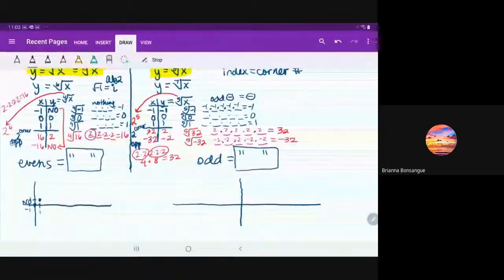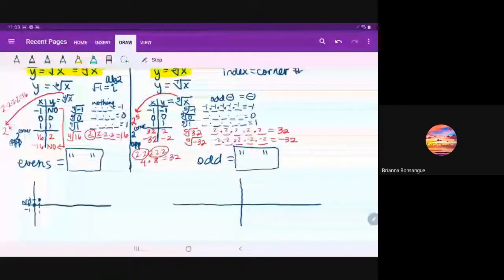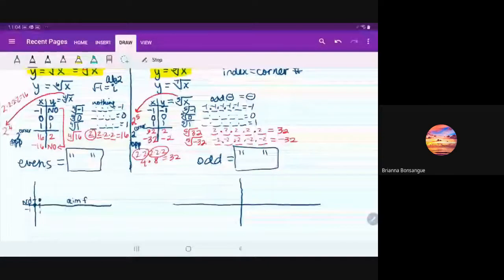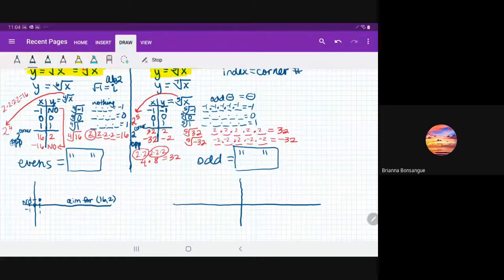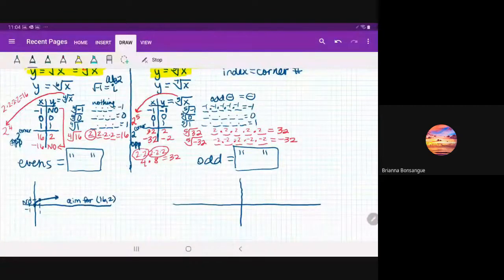16, 2. Like, how in the world am I going to fit 16, 2 on the graph? So usually you're not able to fit 16, 2. So what I do, I'm going to write the words here. I'm going to aim for 16, 2. Okay, so I'm not going to go over to 16, but I'm not going to get up to 2 yet. So I'm just going to draw this little thing where it doesn't quite get to 2 because I'm not over to 16.